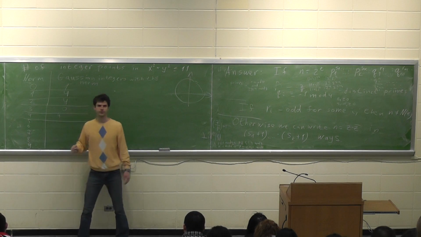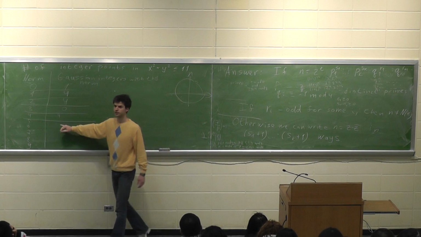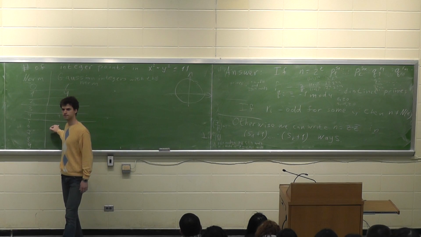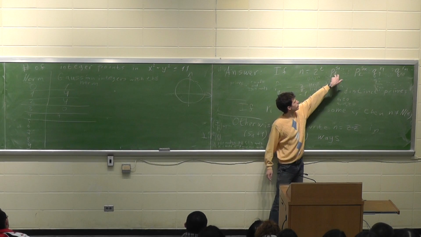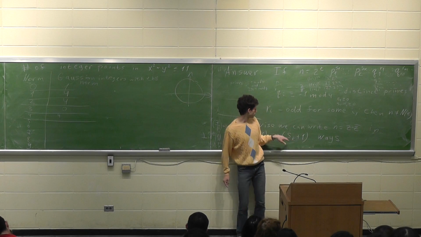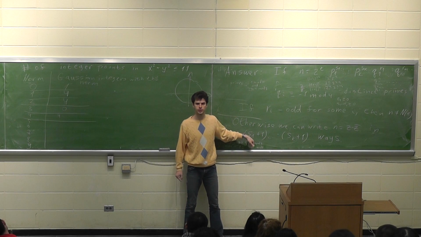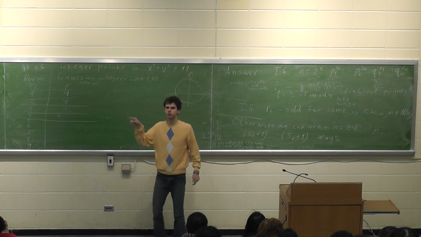Okay, 5. How many Gaussian integers here? Well, let's look at the formula. 5 is, well, 5 to the power 1. And 5 is 1 modulo 4. So here we have just s1, which is equal to 1. So in this formula we get the answer of 2. And we have the units.